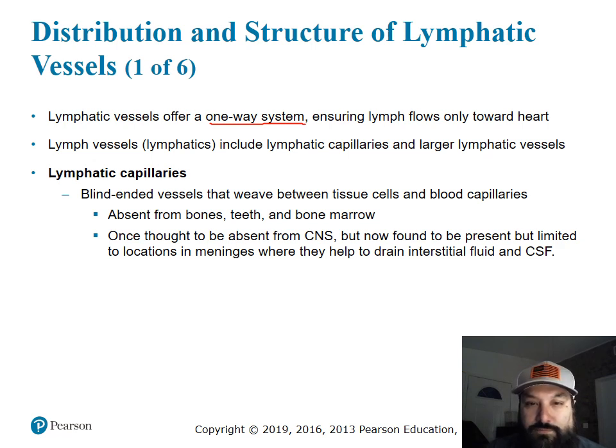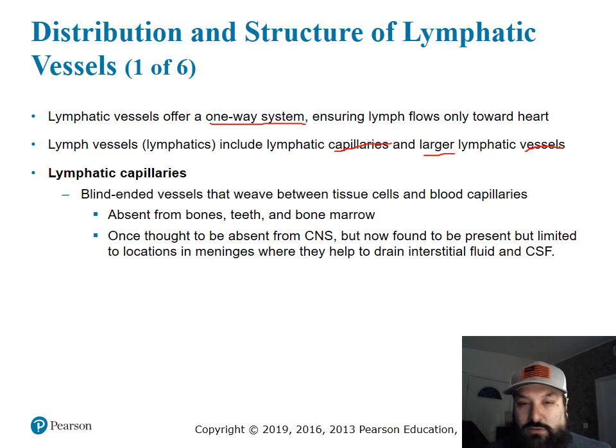When we talk about vessels, we are discussing capillaries and larger vessels. We use the same exact words that you would use to describe blood vessels. We talk about capillaries being the smallest blood vessels that we have, but we also use that word with the lymphatic system.